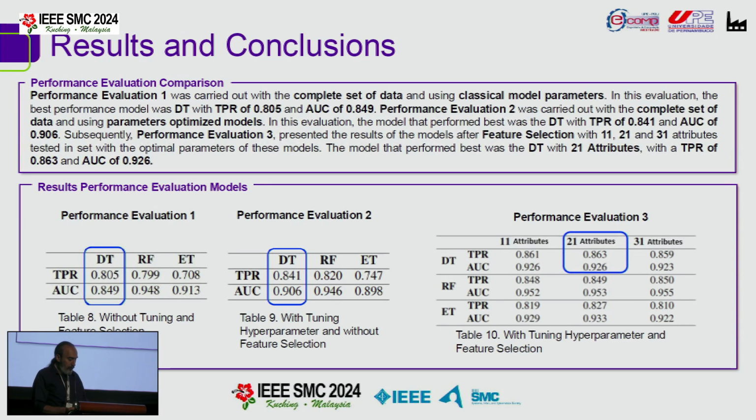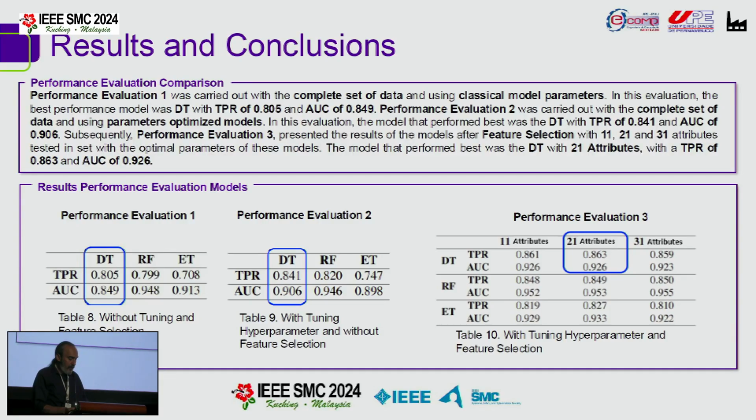Performance evaluation 1 was carried out with the complete set of data and using classical model parameters. In this evaluation, the best performing model was DT, with a TPR value of 0.805 and AUC of 0.849. Performance evaluation 2 was carried out with the complete set of data using optimized parameters.